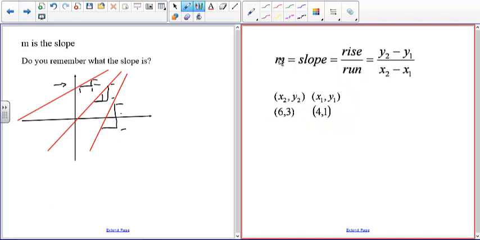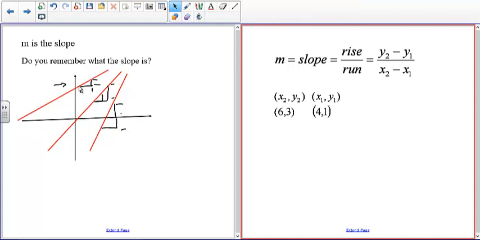We use m to represent the slope. Qualitatively, it's the rise, the change in the y variable, divided by the run, which is the change in the x variable. And you can write it in terms of the coordinates of 2 points. If you know 2 points in a coordinate system, then you can calculate the slope.